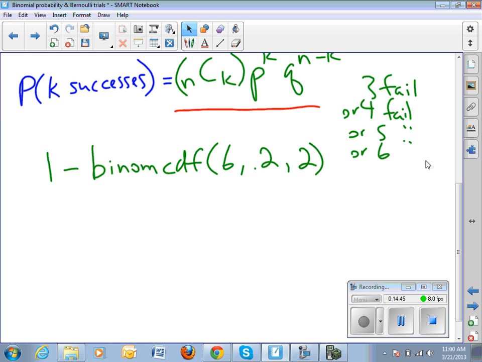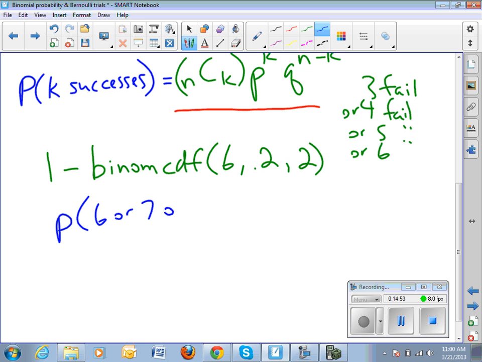So we want to know what's the probability that he's correct 6 times, or 7, or 8, or 9 times. This arrow is not really standard terminology, but I like it, so I'm using it.